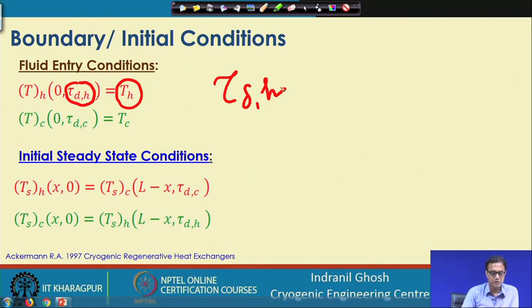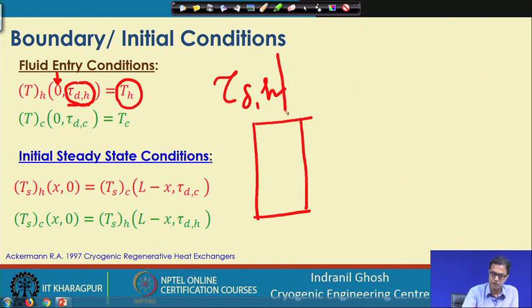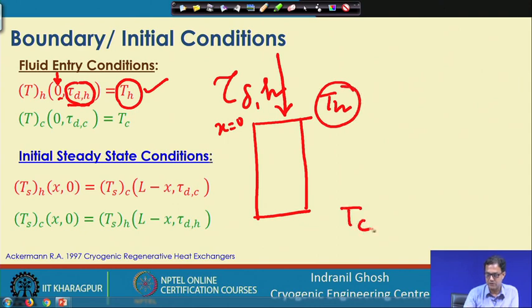This is the entire duration when it is entering this regenerator. If you remember, we were talking about the regenerator, the hot fluid was entering through this regenerator, and this is at x. If we say that this is x equals to 0, at x equals to 0 it is entering at a temperature TH. We have said that that end is at TH, the other end is at TC.